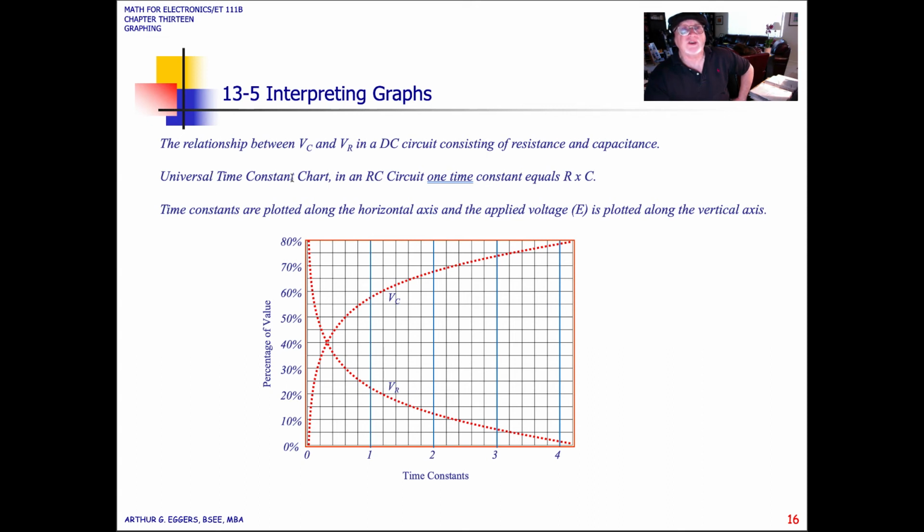A universal time constant chart then is, an RC circuit has one time constant equal to the product of R and C. Okay, the time constants then are plotted along horizontal lines, and the applied voltage is plotted along the vertical lines. So you'll see more of this as you get into the DC course and you start calculating RC circuits that have DC charging going on.